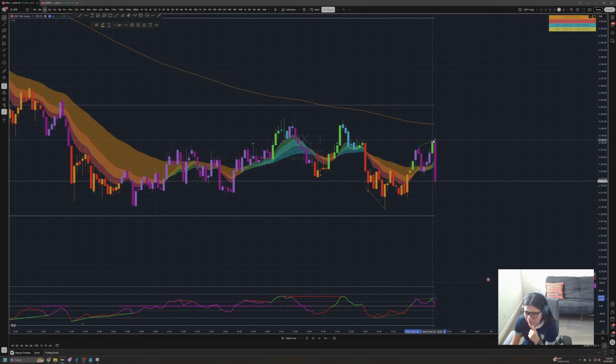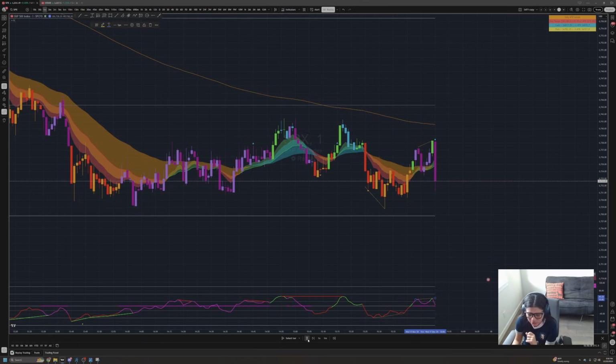And so then you could have grabbed, let's say you try to stay as close to the money as you can, the 35 put maybe right as the 10-minute close.